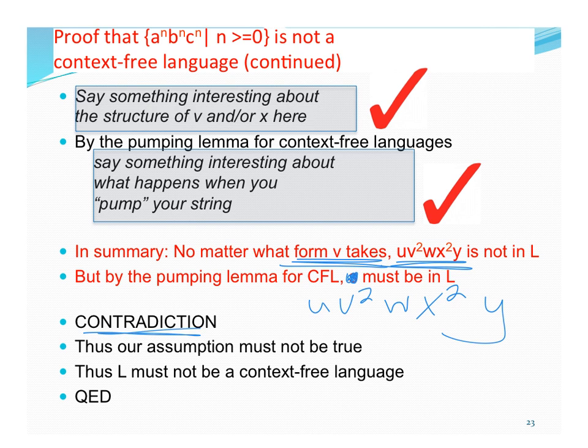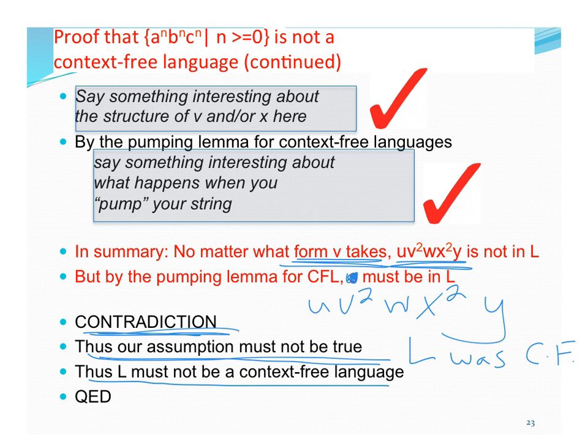That's a contradiction. Thus, our initial assumption must not be true. What was our initial assumption? Our initial assumption was that L was context-free. We're doing a proof by contradiction. We got our contradiction. Initial assumption must not be true. Thus, L must not be a context-free language. QED.